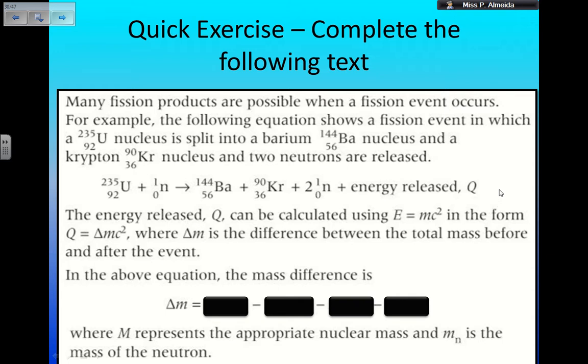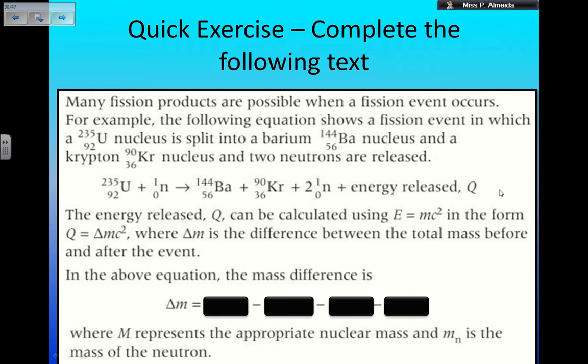And now the energy that is going to be released, as you know, can be calculated using E equals mc squared. Again, I have a video that talks about this. I think it's 2 videos below or above. So if you go on the playlist, it's maybe 2 videos above. So the energy released is going to be the change in mass times the speed squared, okay, where the speed is the speed of light.